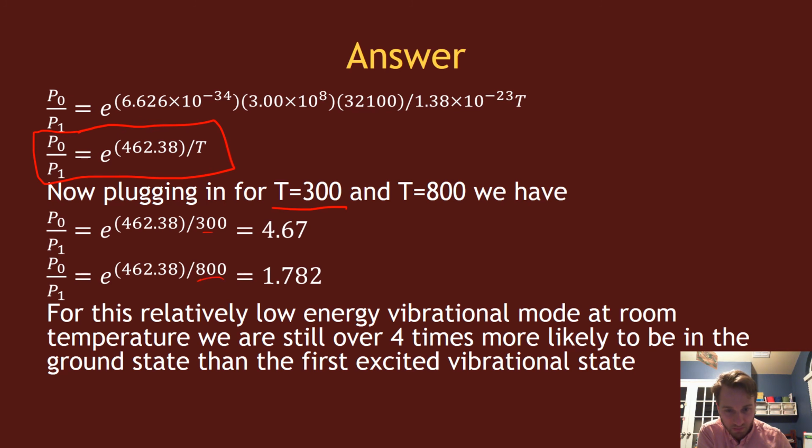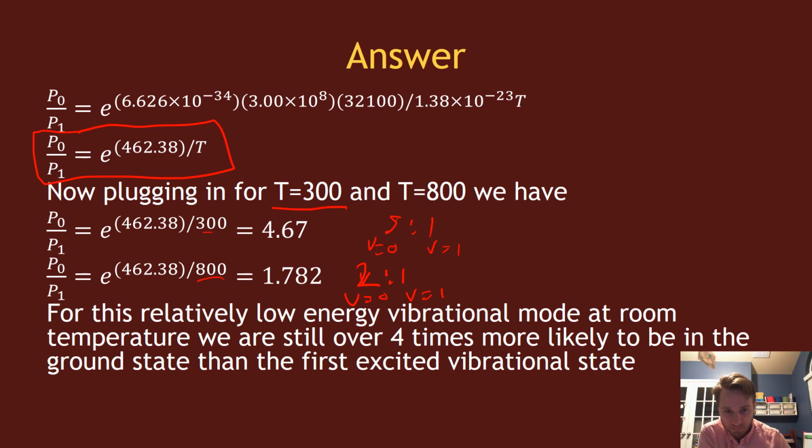You see that it's roughly 5 to 1, V equals 0 to V equals 1 occupation, at 300 Kelvin. At 800 Kelvin, you're starting to get a 2 to 1 ratio of V equals 0 to V equals 1. So you need to get to definitely higher temperatures than room temperature to have significant population of V equals 1.